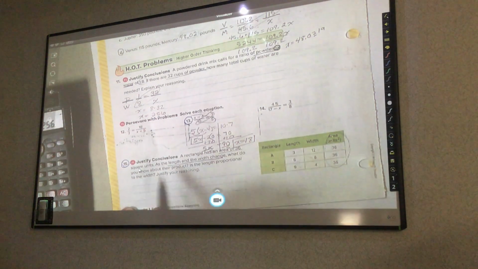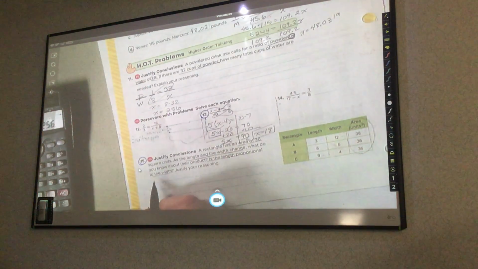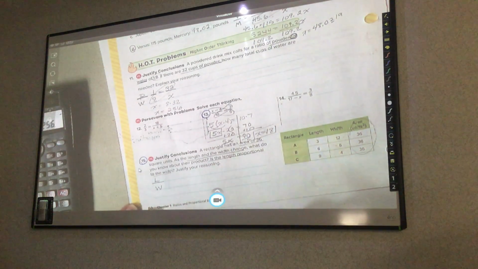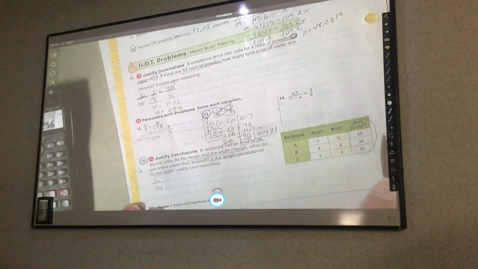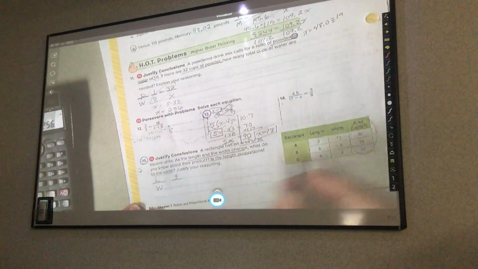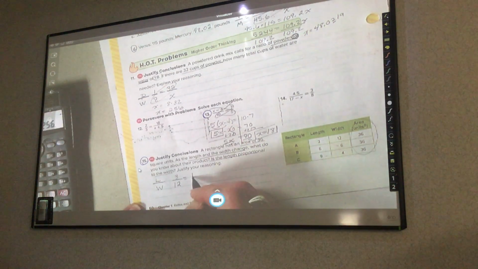Okay. Then it says, is the length proportional to the width? So I need to have length to width. Length is 3, width is 12. That reduces to 1/4.